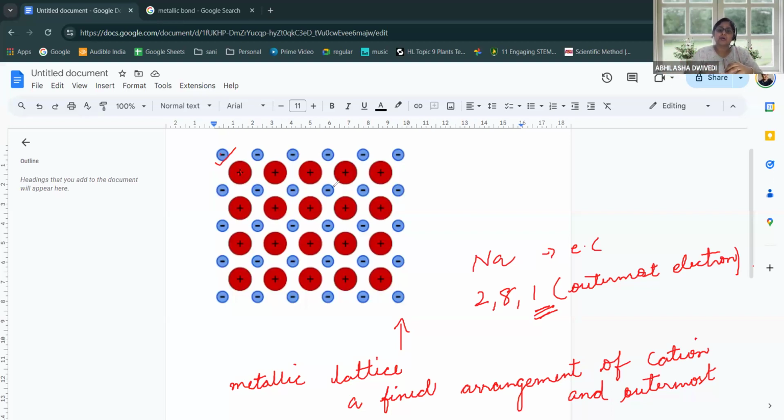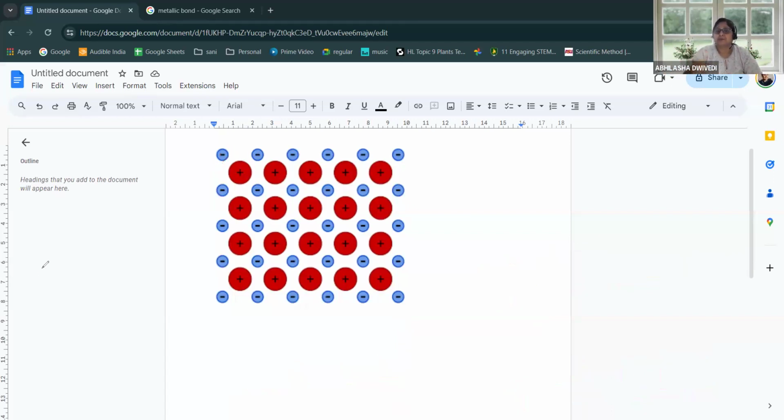Also, when you hammer a metal, what do you observe? You observe that sheets are being formed, right? Which, in one word, we call malleability. So malleability is also because of the layers of these atoms here, the cations. It is not that the metal atoms in the lattice are not existing.